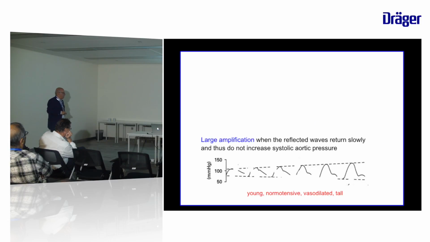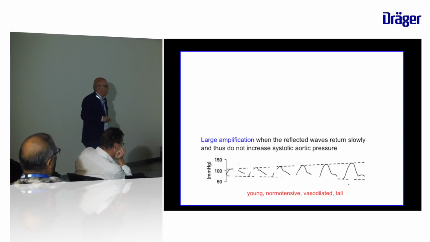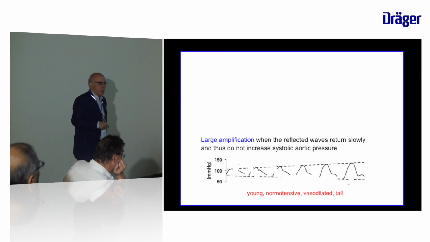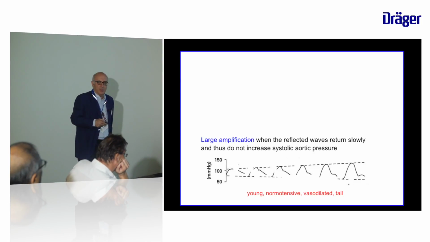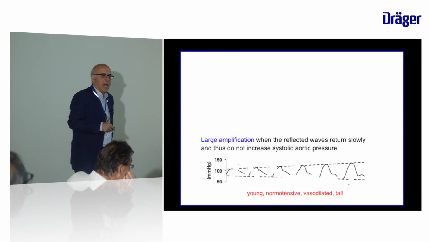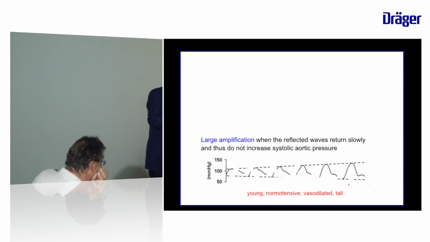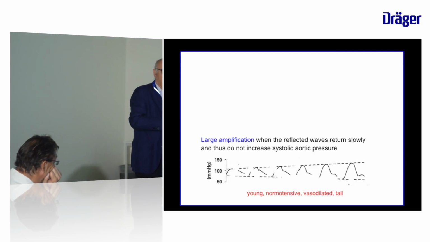In the young, normotensive, and vasodilated person, you see here, this is the central, this is the peripheral. So in the young person, when we measure the peripheral, you see that the systolic pressure is higher than the systolic pressure that you have in the center, so the real afterload, okay?